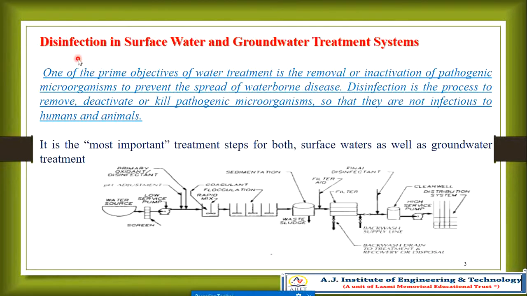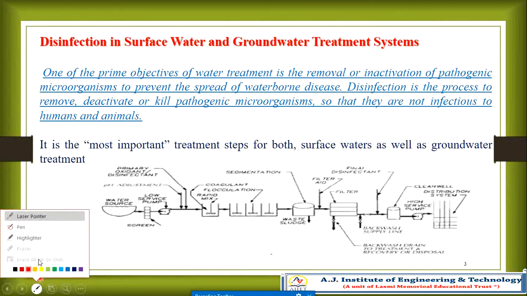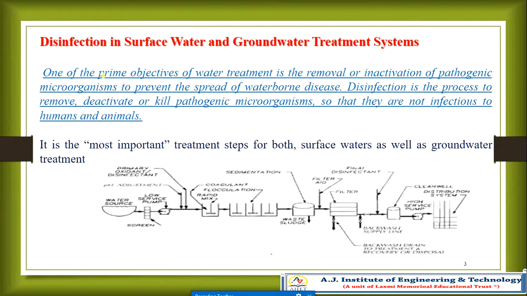What is disinfection? Disinfection is one of the prime objectives of water treatment: removal or inactivation of pathogenic microorganisms, only pathogenic, remember, to prevent the spread of waterborne diseases.